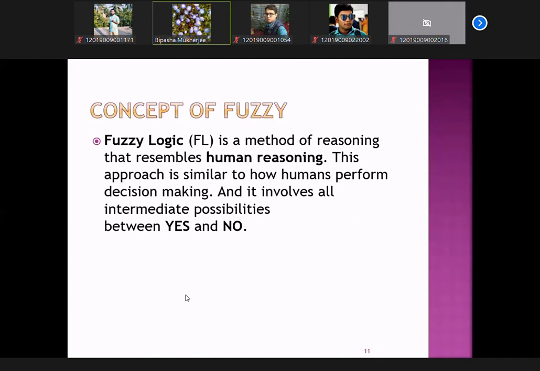Next is another concept that is related to AI, that is called fuzzy logic. Fuzzy logic is what? Fuzzy logic is, you may say in a line, for confused people maybe. Say you are in your home and maybe you have used your AC, you have set your AC temperature.